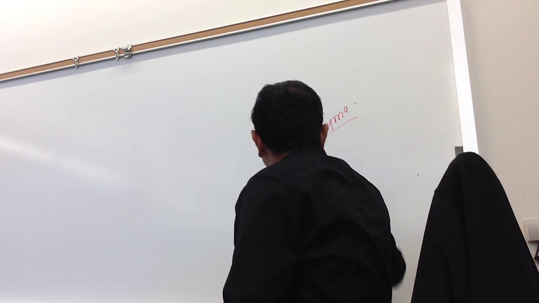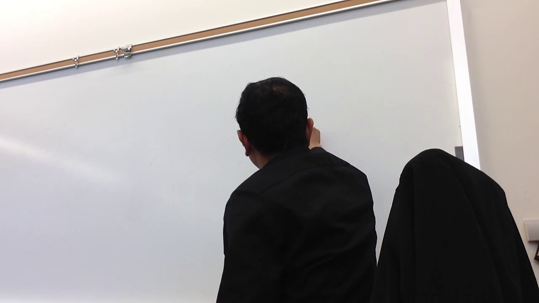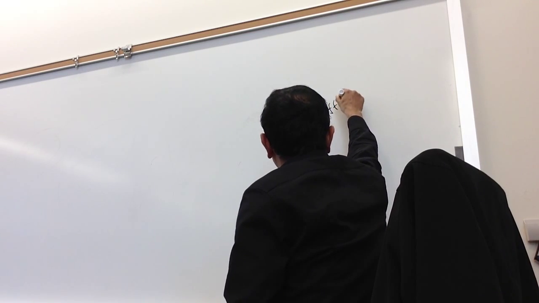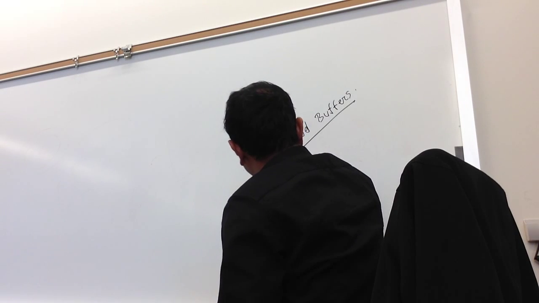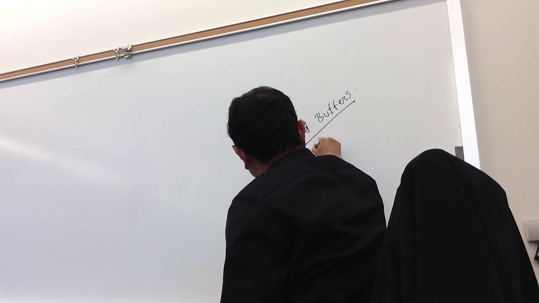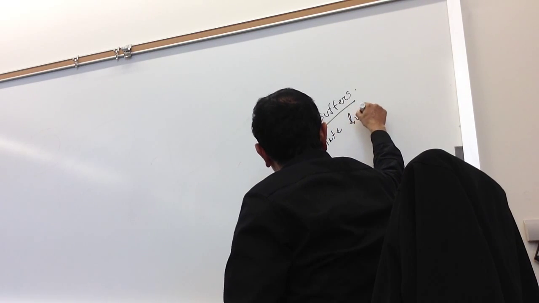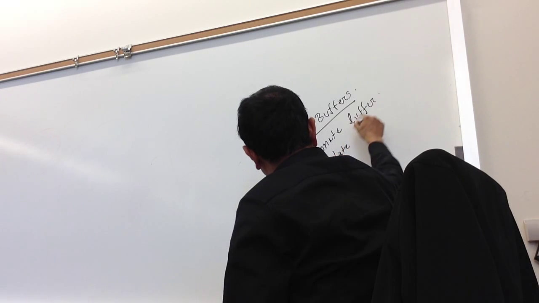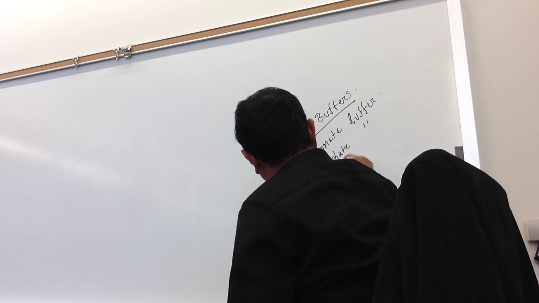What are the blood buffers? Important blood buffers are bicarbonate buffer, phosphate buffer, and another buffer that is called protein buffers.